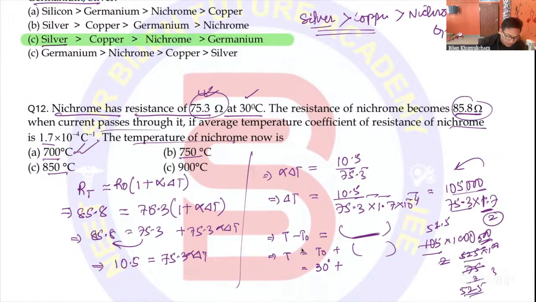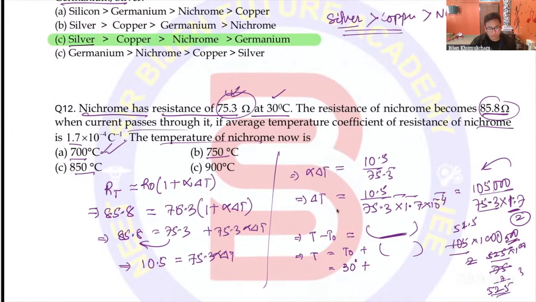I will do the calculation. Now let's do a direct calculation. I'm using an online calculator, which you can use inside the class, but not inside the exam. So the answer is 10.5 divided by 75.3 and divided by 1.7.